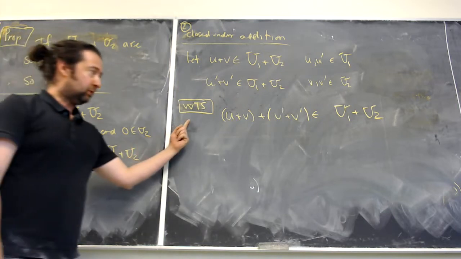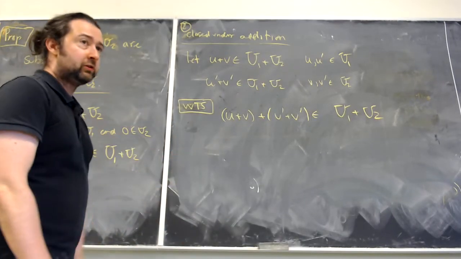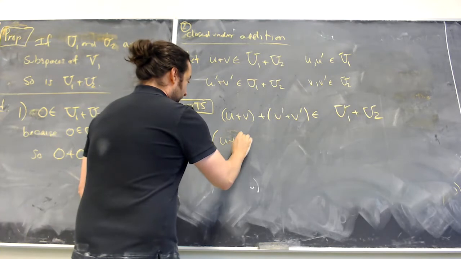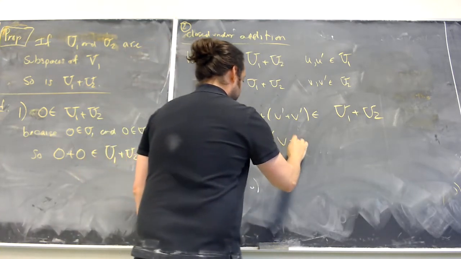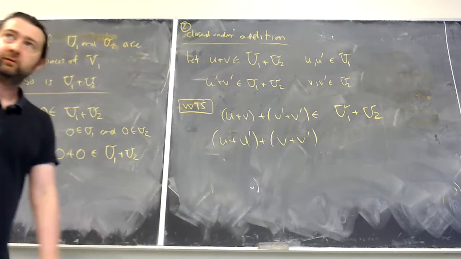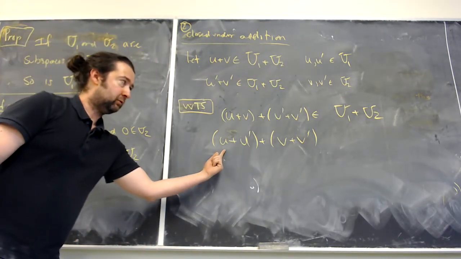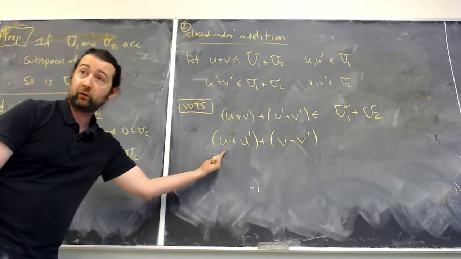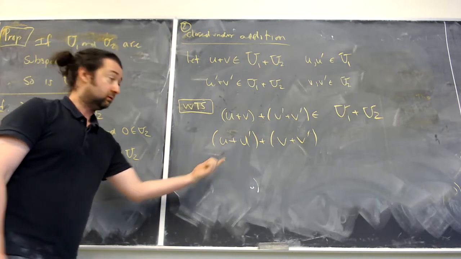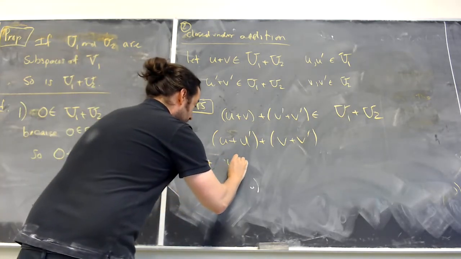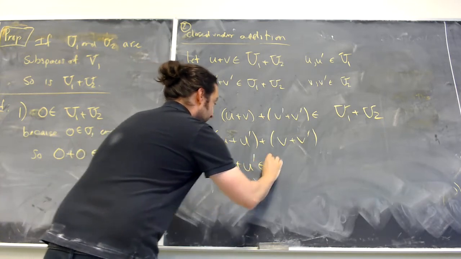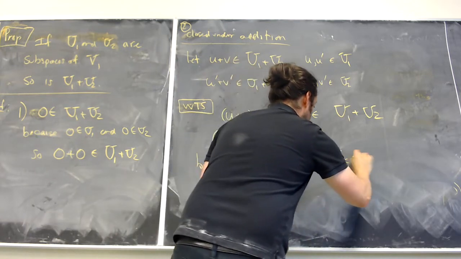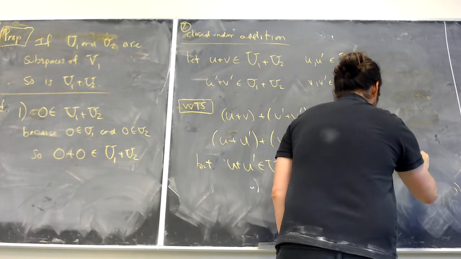You don't need to do this. I'm putting it in here as a hint about future structure. So just do it. Well, associativity would say that this is u plus u prime plus v plus v prime. What can I say about u plus u prime? Well, it's in U1, because U1 is a subspace and therefore closed under addition. But u plus u prime is in U1 and v plus v prime is in U2 as subspaces.